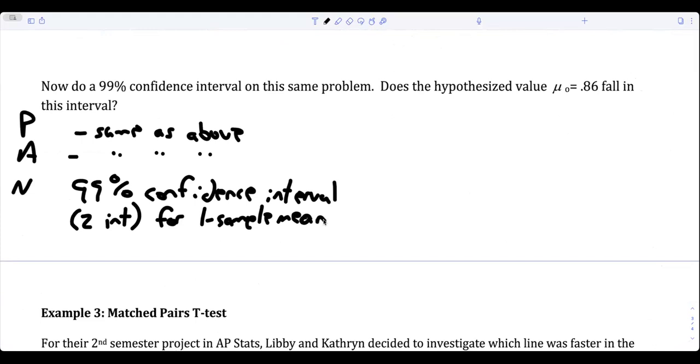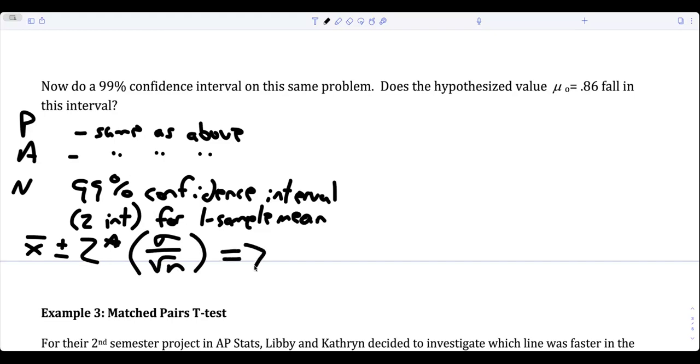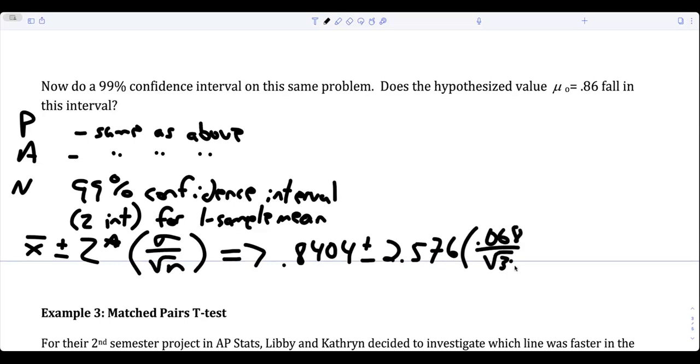And that's going to be x bar plus or minus z critical value times sigma divided by the square root of n. So I'm going to plug those values in. 0.8404 plus or minus 2.576 times 0.068 divided by the square root of 30.